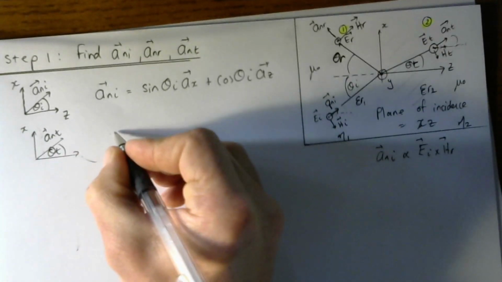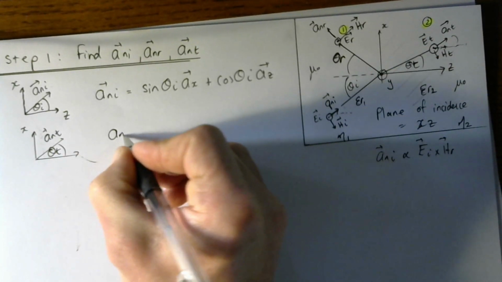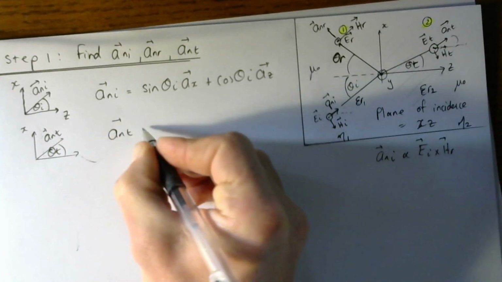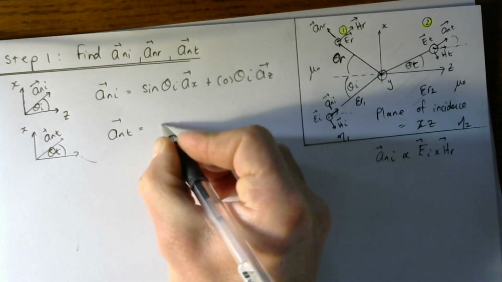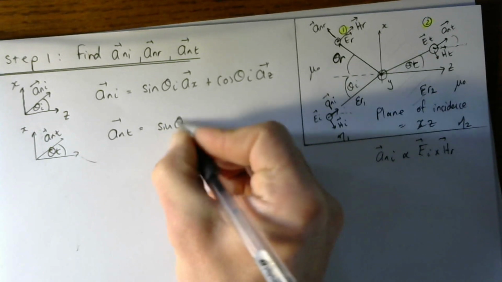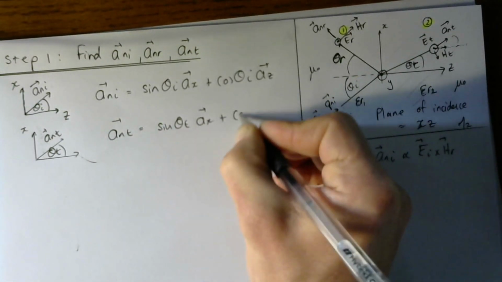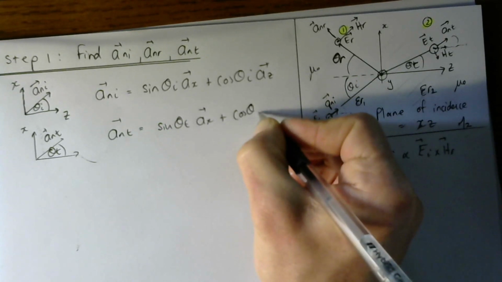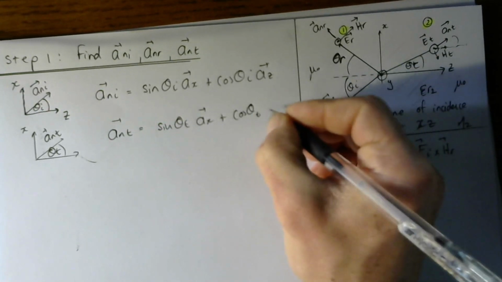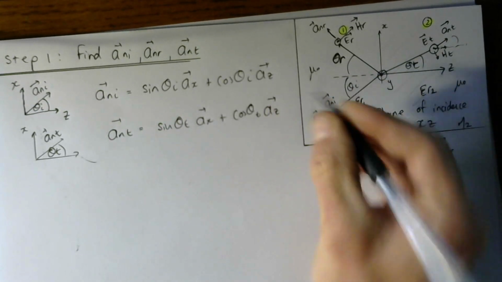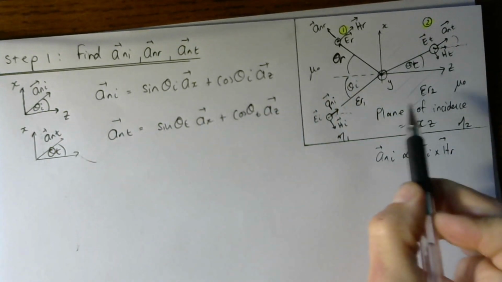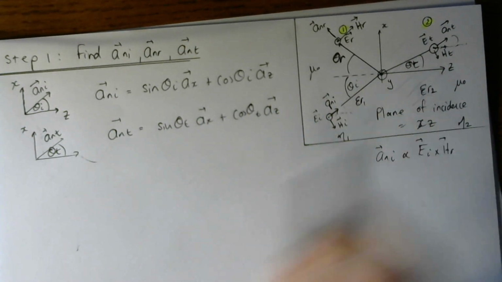So a_NT is equal to sine theta T in the a_x plus cos theta T in the a_z. Now it looks the same, which makes sense because they are essentially orientated in a very similar fashion.